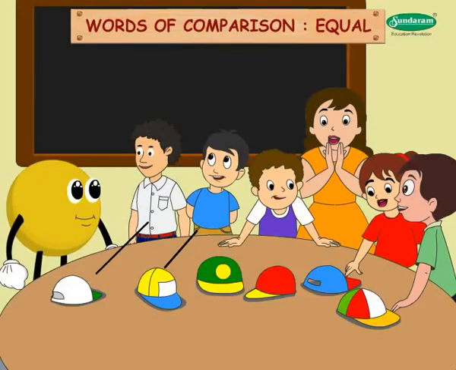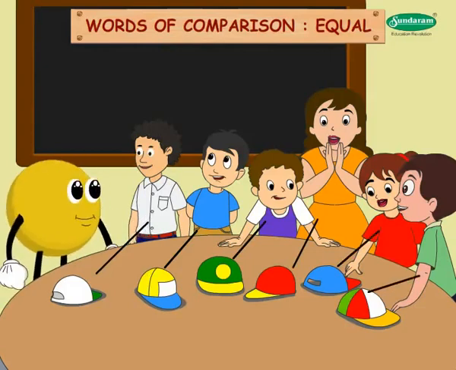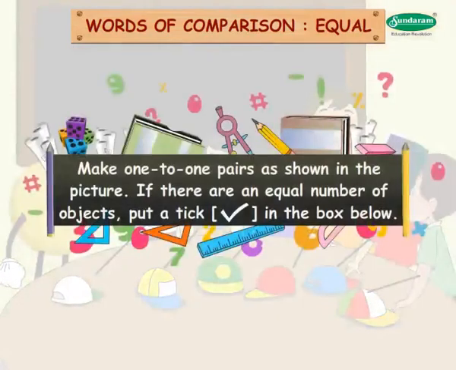When we make one-to-one pairs, we see that there are as many caps as there are children. Or the number of caps is equal to the number of children. Make one-to-one pairs as shown in the picture. If there are an equal number of objects, put a tick (correct) in the box below.